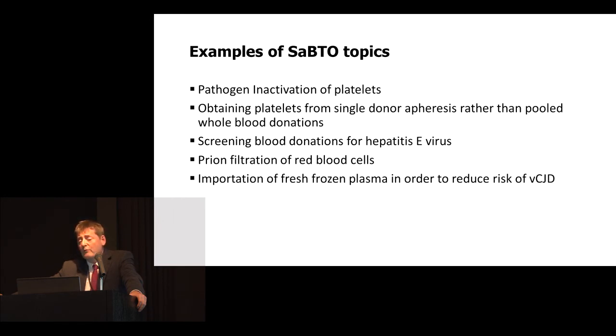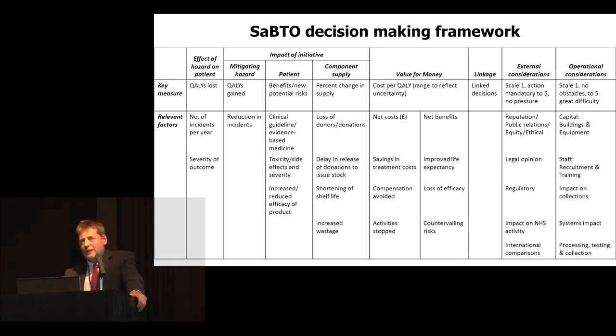Well, the answer to the first one was we decided no, that wasn't a good use of resources. The second one, we do. For children, we routinely import fresh frozen plasma from other countries and don't use our own. I want to emphasize with SABTO, in my remaining minute, that SABTO has a decision-making framework.